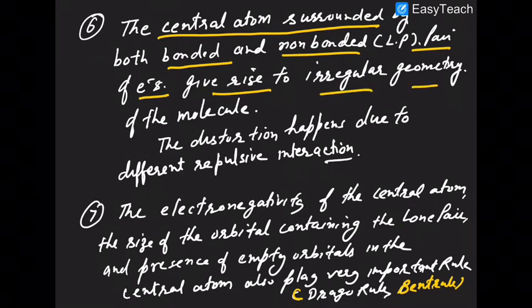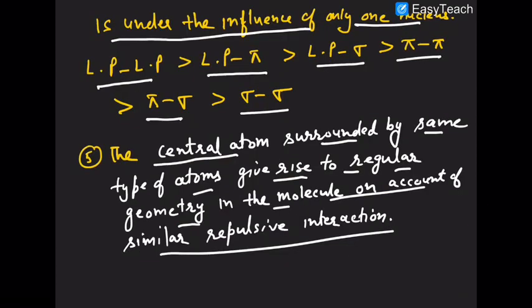You must also take into consideration that the electronegativity of the atom is also taken into account. The distortion happens due to different repulsive interactions. Why? We already discussed that lone pair repulsion is greater than sigma bond repulsion. It means repulsive interactions affect the potential energy.